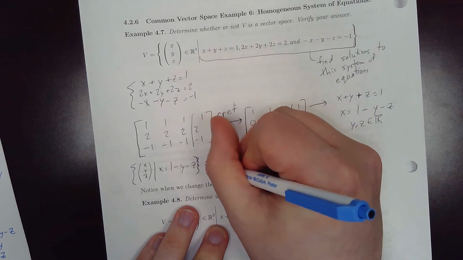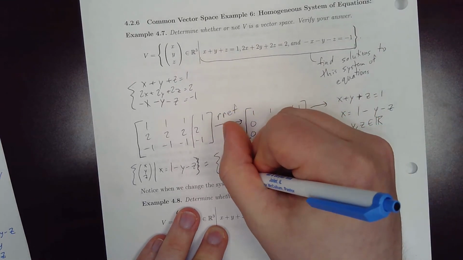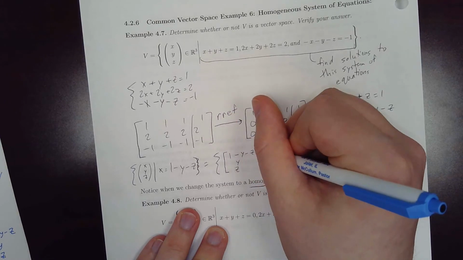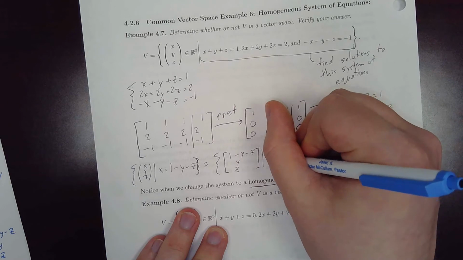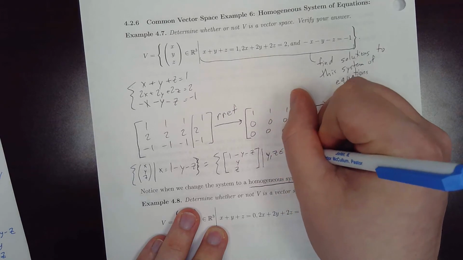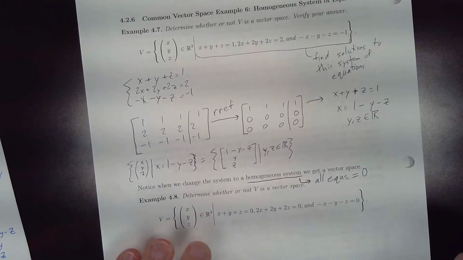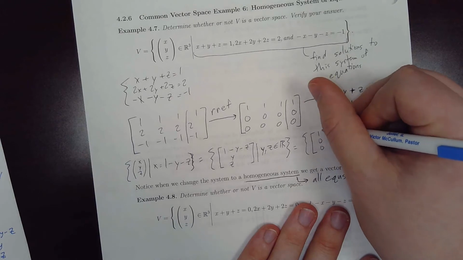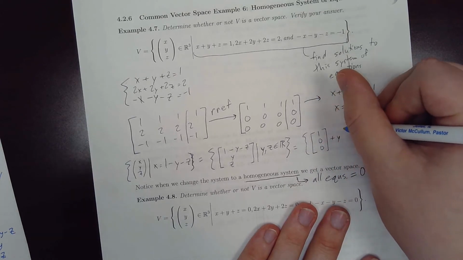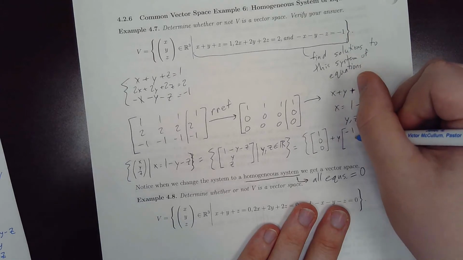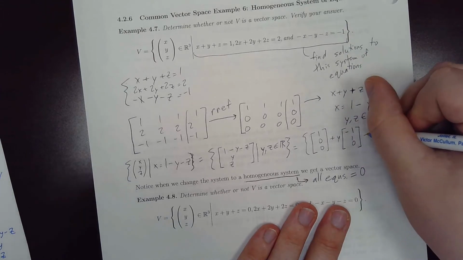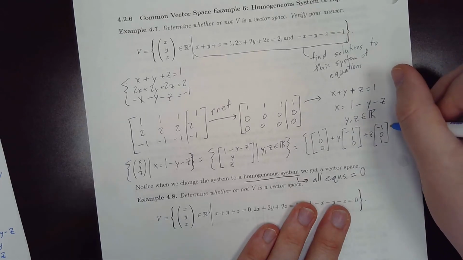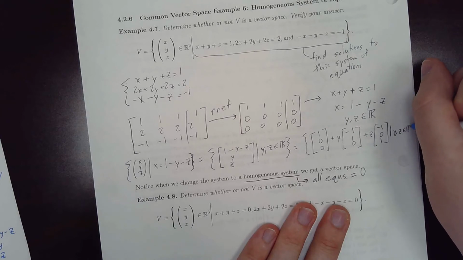And so we can make it be 1 minus y minus z, y, and z, such that y and z are in the real numbers. We could even rewrite it as 1, 0, 0 plus y times negative 1, 1, 0 plus z times negative 1, 0, 1, where y and z are in the real numbers.